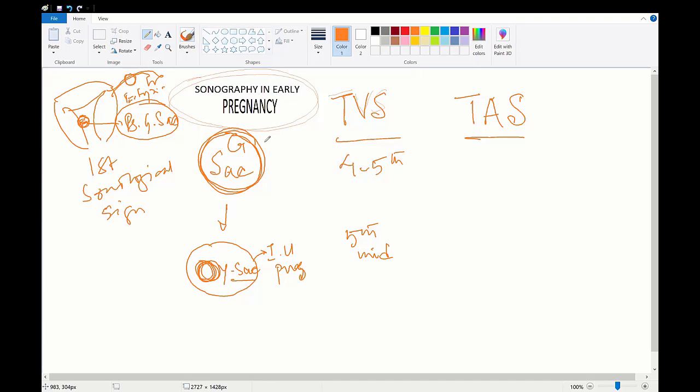Along with GSAC, there are two more features I would like to highlight. One is the interdecidual sign, which appears at the same time, which is one concentric echogenic ring around the gestational sac, and if there are two concentric rings around the gestational sac, no brainer, it's called a double decidual sign.